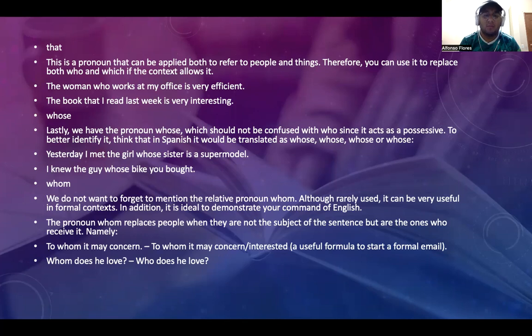The pronoun whom replaces those who are not the subject of the sentence but are the ones who receive the action, namely, to whom it may concern, a useful formula to start a formal email. Whom does he love?